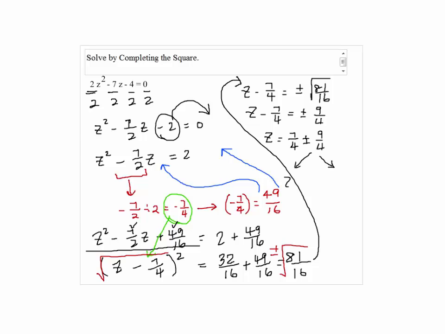So we have two answers. One is 7/4 plus 9/4, which is 16/4, which is 4. The other one will be 7/4 minus 9/4, which is negative 2/4. So the answer is negative 1/2. So 4 and negative 1/2 are the answers.